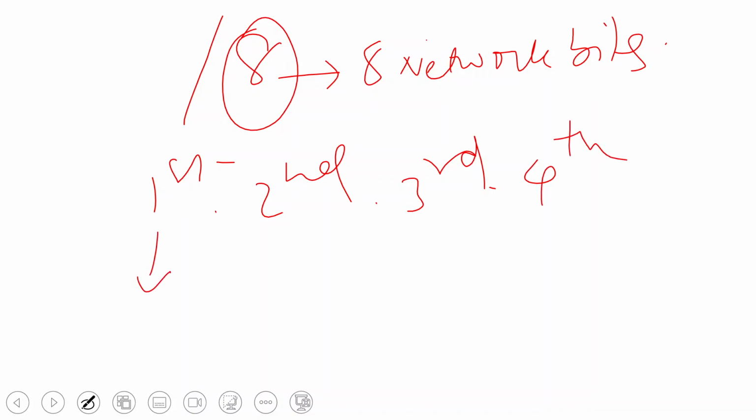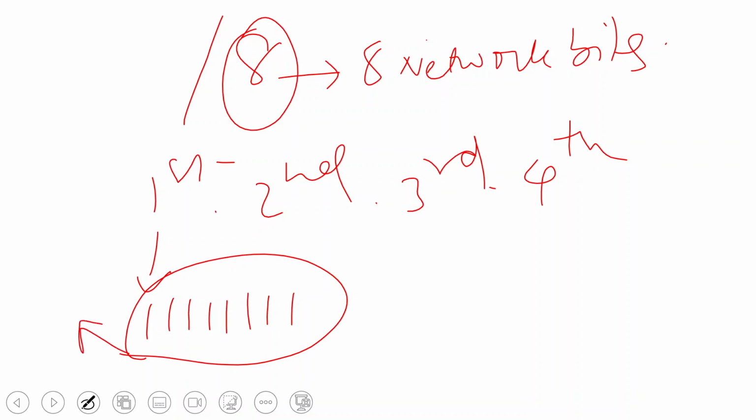In this first decimal notation, 8 means all ones, all the 8 binary digits you have to represent in ones. That means for slash 8, all these network bits have to be all ones, and the remaining are all zeros. Each of these means 8 zeros.